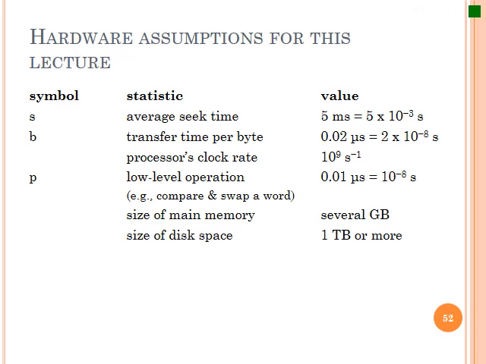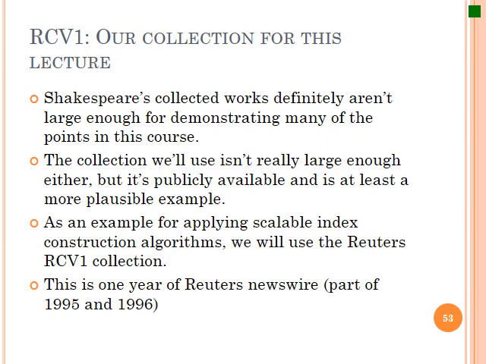The CPU's clock rate is usually 10 to the 9 per second, so one cycle is 1 over 10 to the 9 seconds. P is a low level operation, such as a compare and swap of a word. The size of the memory is assumed to be several gigabytes, and the size of the disk is assumed to be 1 terabyte or more.